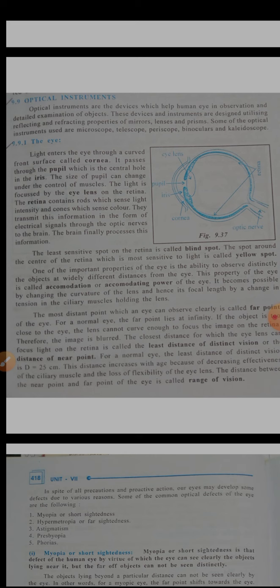Some optical instruments are microscopes, telescopes, periscopes, binoculars and many more.